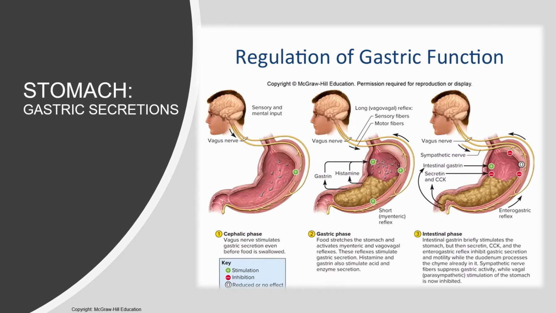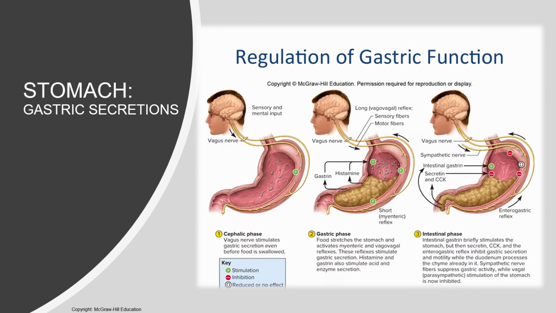Not only secretions actually, but also motility associated with the movement of food throughout the gastrointestinal tract. Gastric activity involved in digestion is divided into 3 stages, and we need to know these stages because they show us how gastric secretions and motility are regulated, not only gastric but gastrointestinal in general.